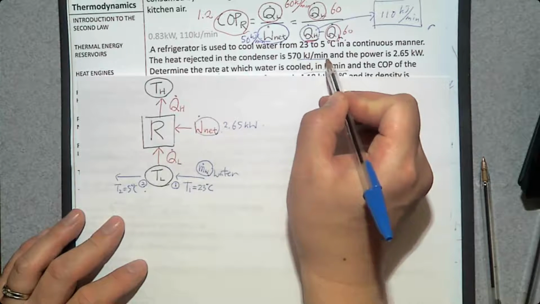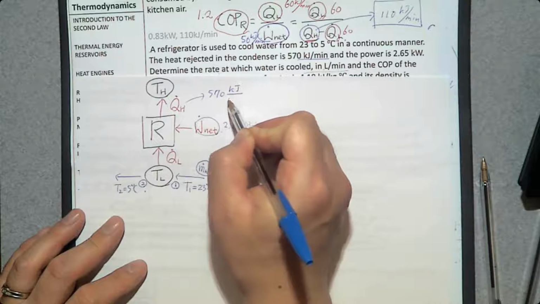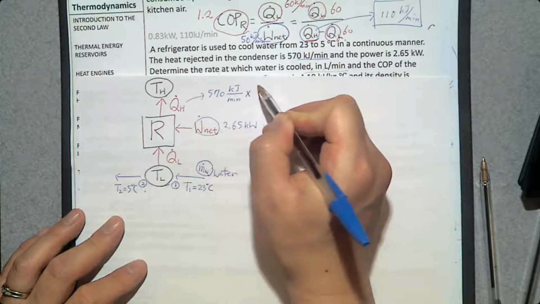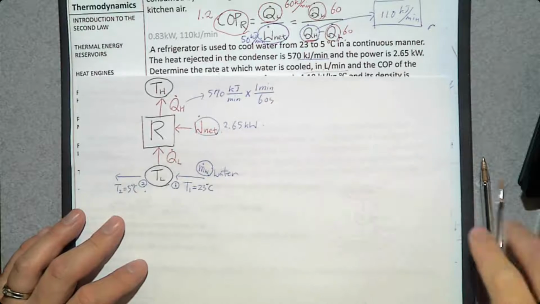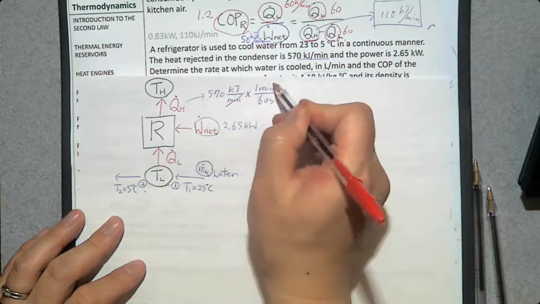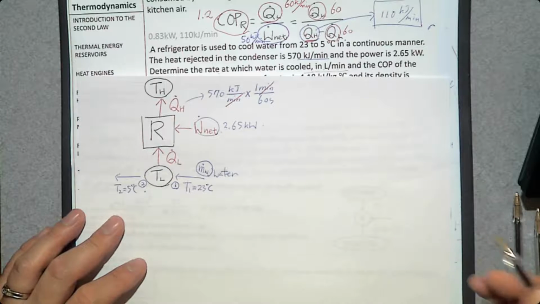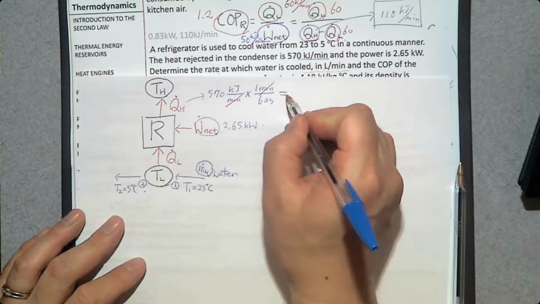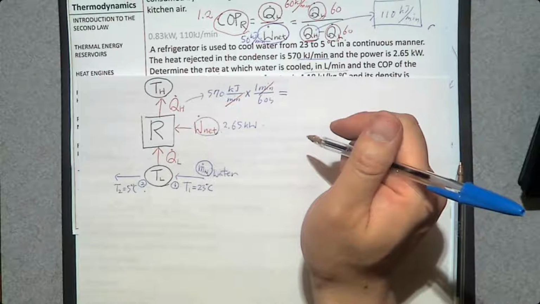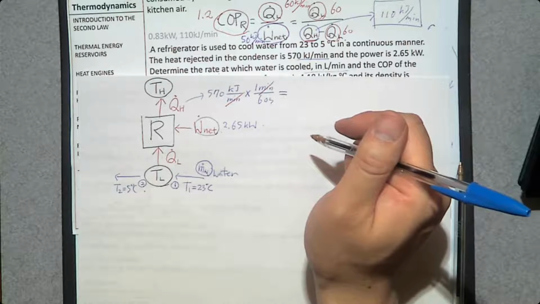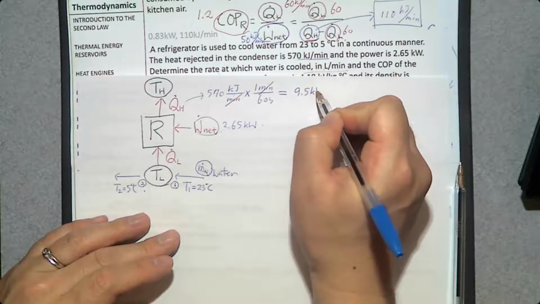No, because it's kilojoule per minute. 570 kilojoule per minute. I don't like minute. So let's multiply by 1 minute is 60 seconds. Then we can cancel minute. Then we have kilojoule per second, which is kilowatt. So what is the value? 9.5 kilowatt.